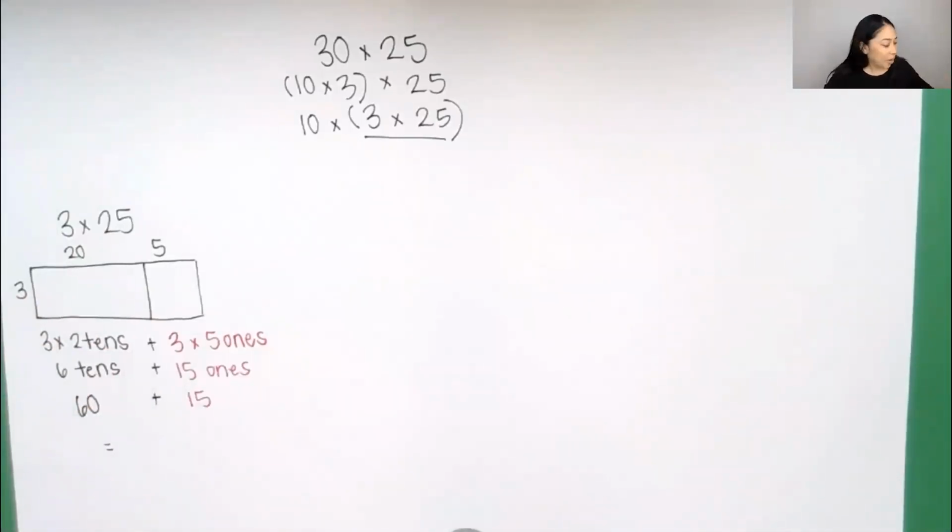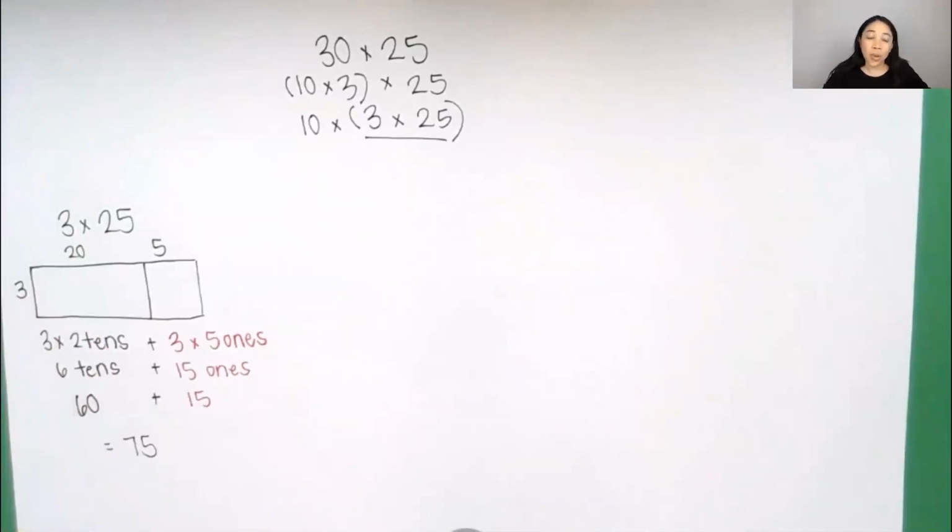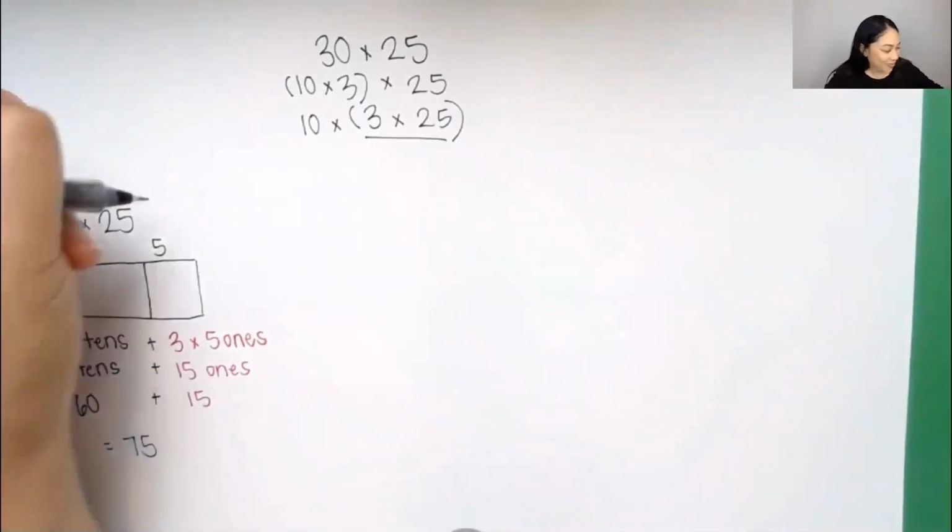We then add the partial products. 60 plus 15 equals 75. So what is the product of 3 times 25? 75.